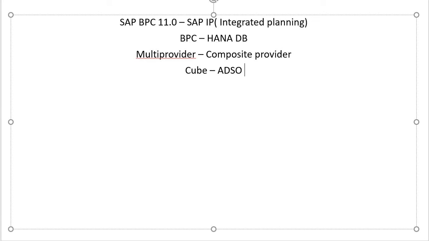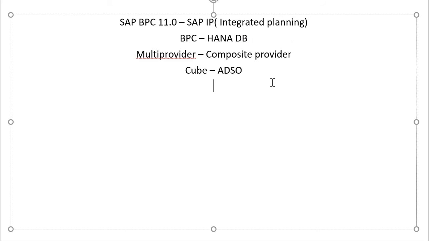And if you are creating directly on a cube, now you have to use an ADSO if I talk about BPC. This is the migration part, where you are converting your old BW system into the new BW system, like SAP BW4HANA, and in that case you have to make these changes.